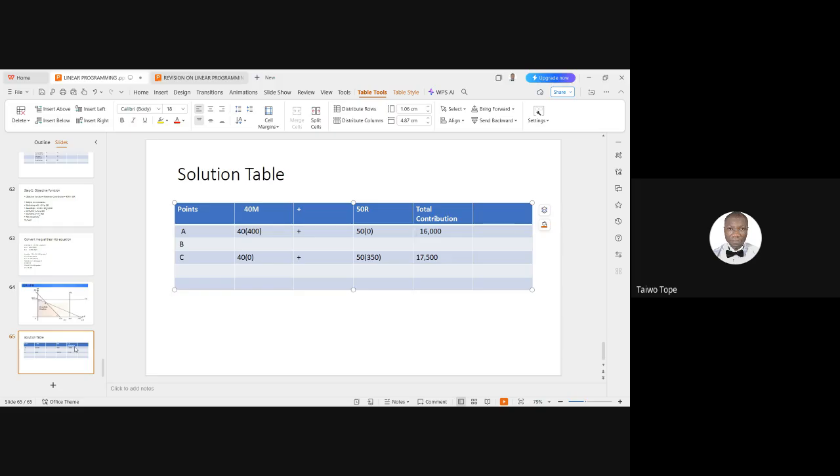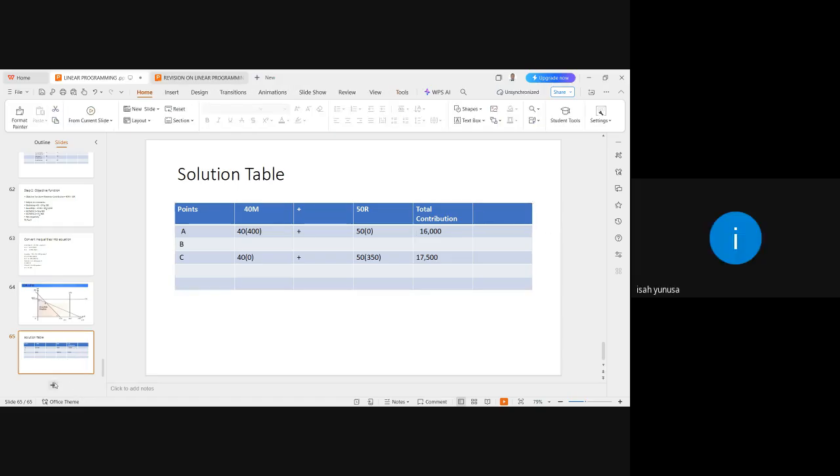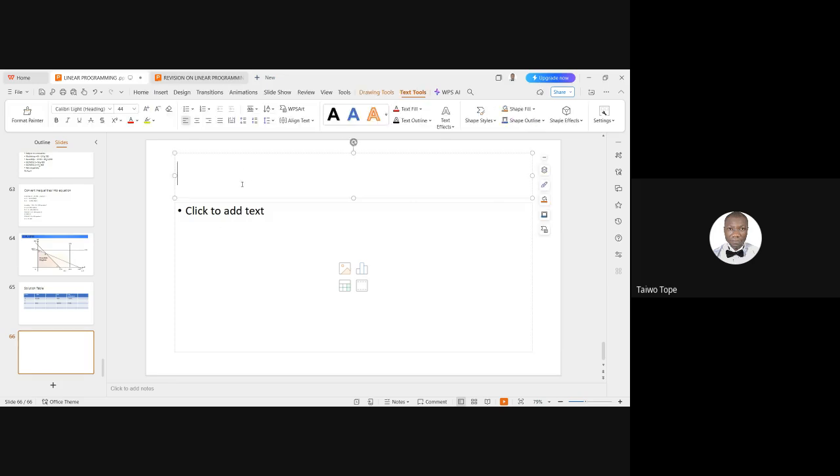Let's solve it together. The time is against us now. Point B, we need to connect equation 1 and equation 2.